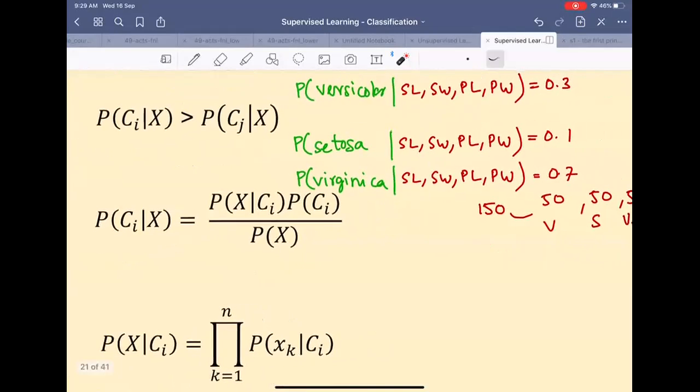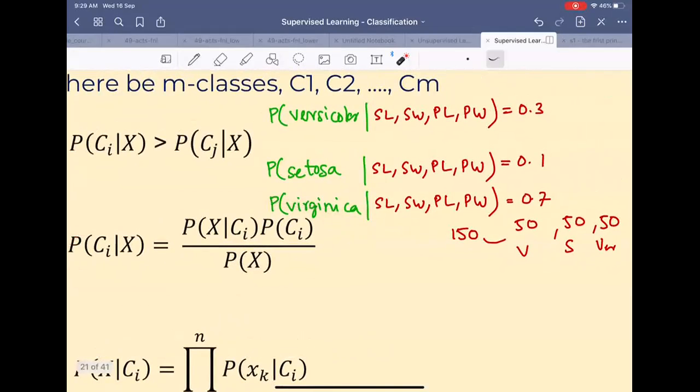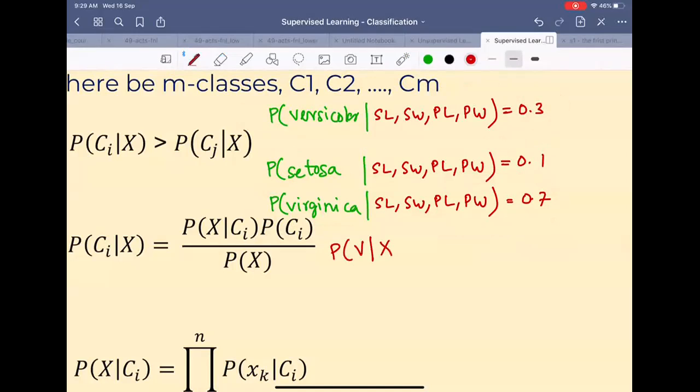Let me show you one more explanation of this. Let's say I have to compare between the probability of versicolor and the probability of virginica. The way I will write that is, the probability of virginica given data.